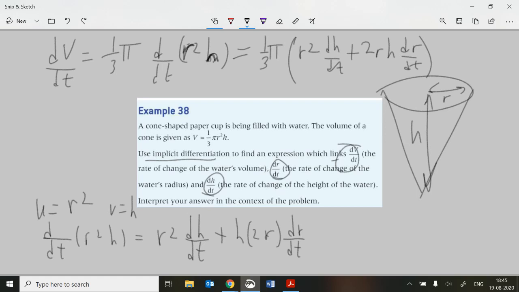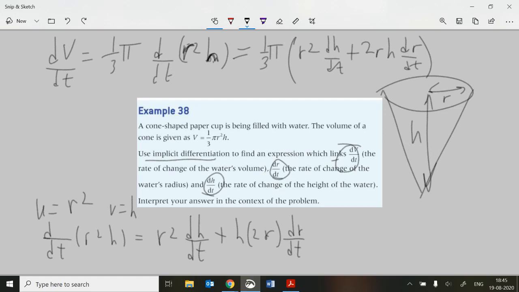Well, it's basically saying that dV/dt, the change in the volume over time, so how quickly the volume is changing, is dependent on a couple of things. It's dependent on how fast the height of the water is changing, and also how the radius is changing as well.